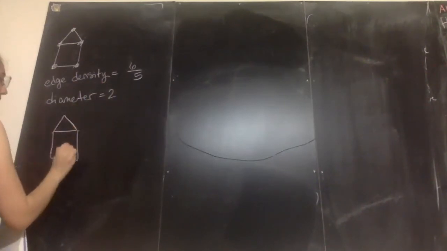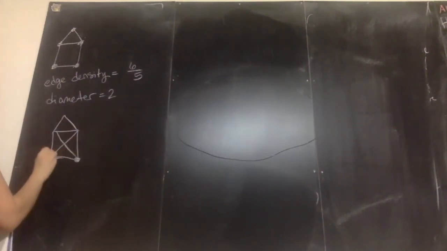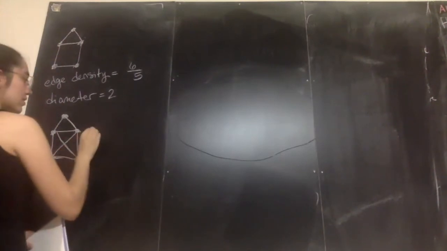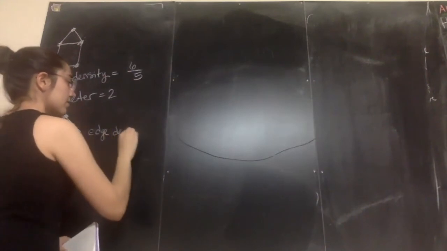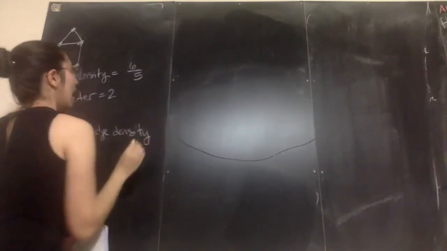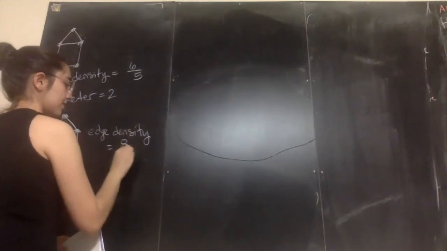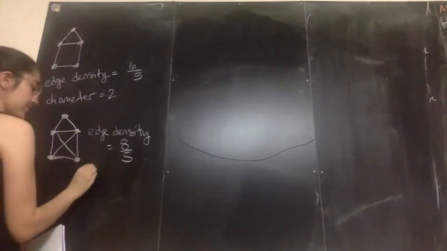And we're going to compare it to this graph, which has 2 more edges, so an edge density of 8/5, and also a diameter of 2 to get from one end to another.